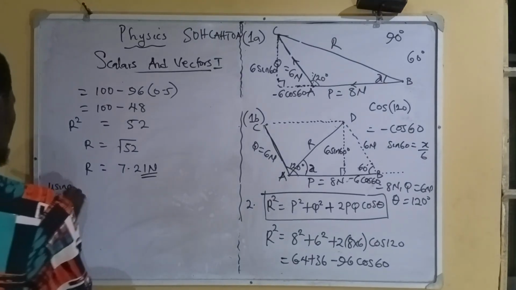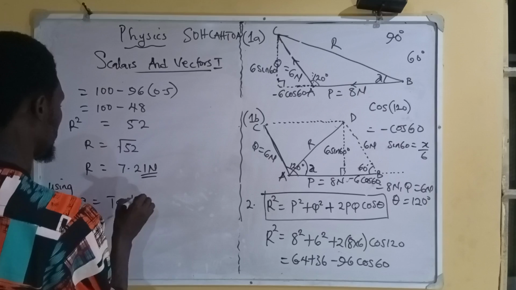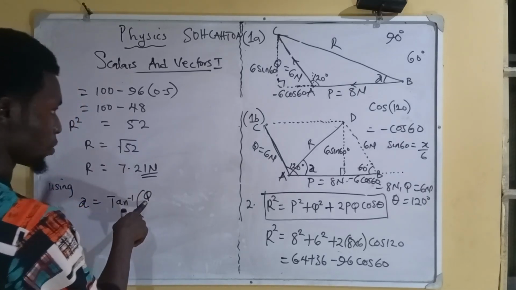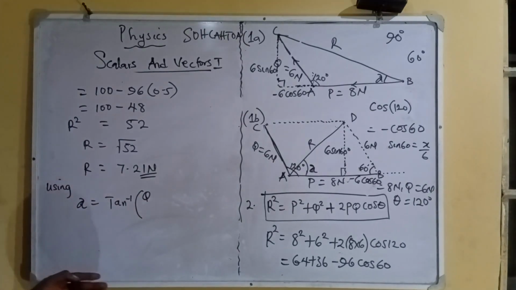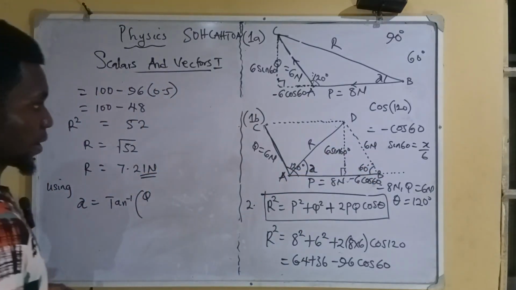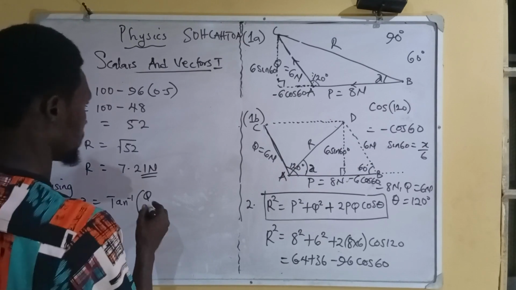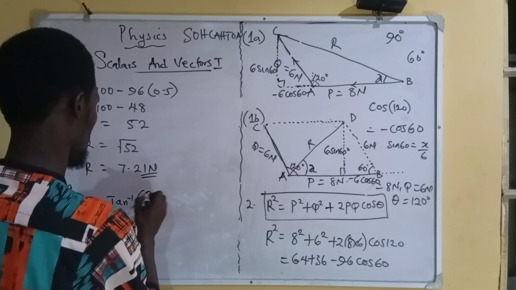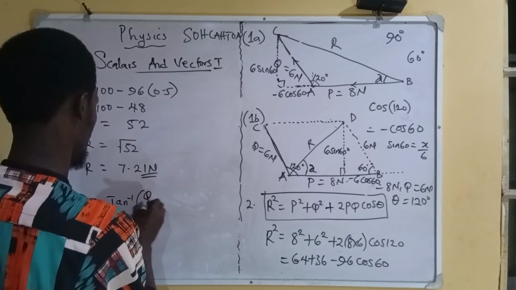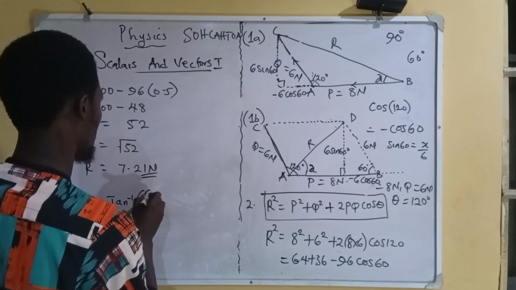So with that, we can now use alpha equals tan inverse of the one that is not horizontal. Already in this question, it was stated that the 8 Newton is horizontal. So you have that. Our Q is 6, so you have 6.